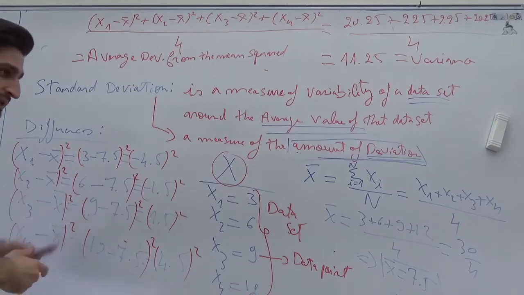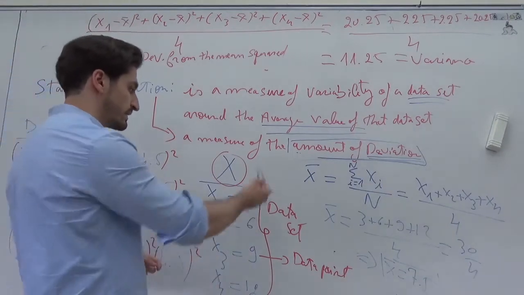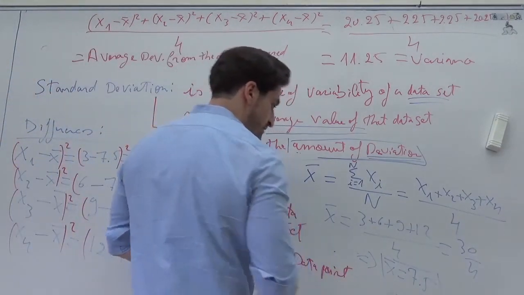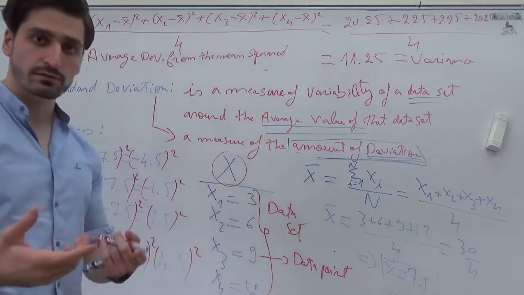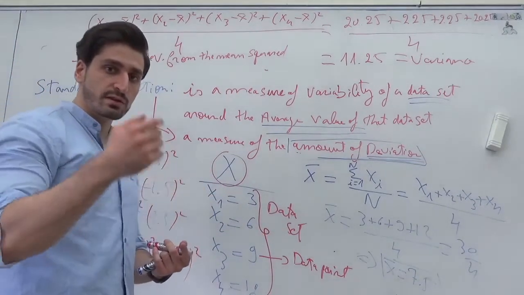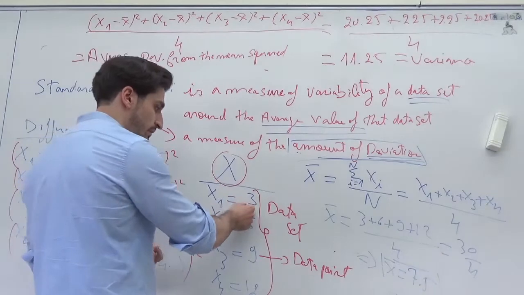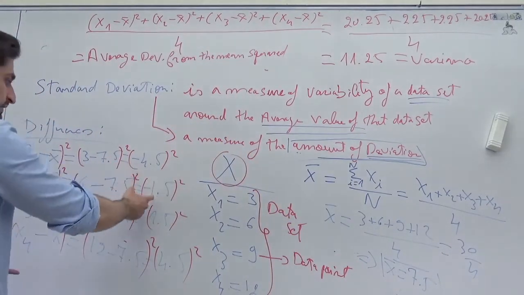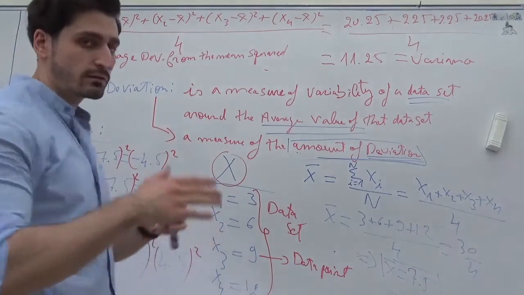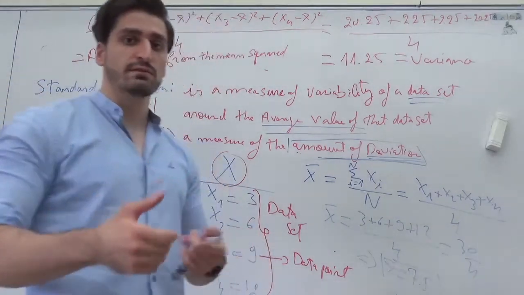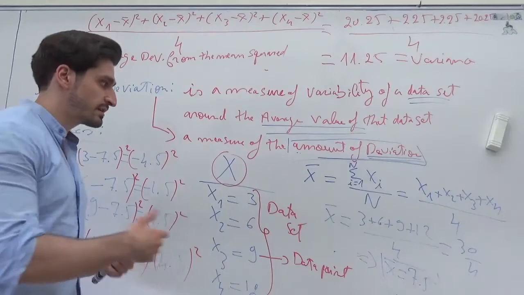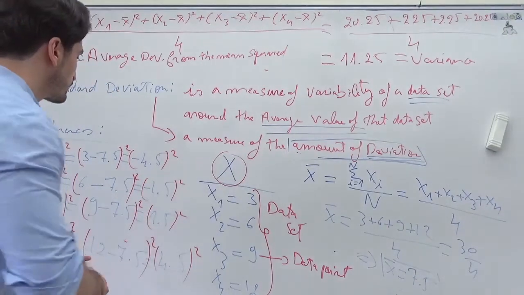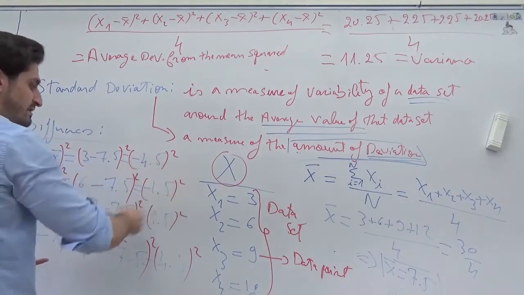So to repeat myself. First off, we said that we need to find the average deviation between that entire data set and the mean. To find the deviation, we first needed each difference between each data point and the average, which we have done over here. However, we obtained negative values, and we had to get rid of the negative values since we are basically finding a distance. The deviation is none other but a distance. So to get rid of the negative sign, we had to square each term.